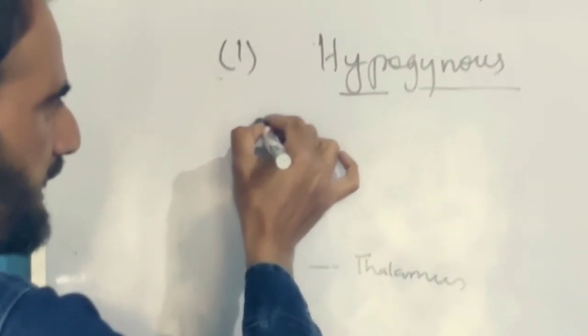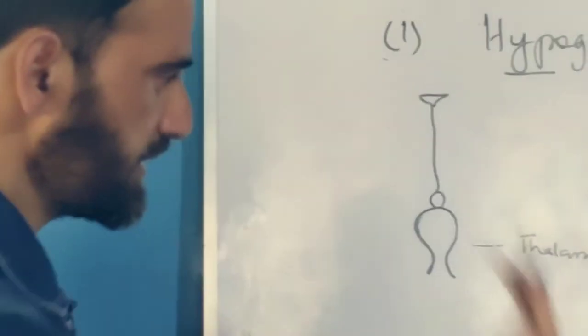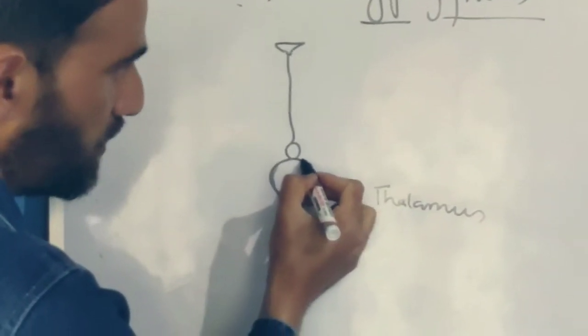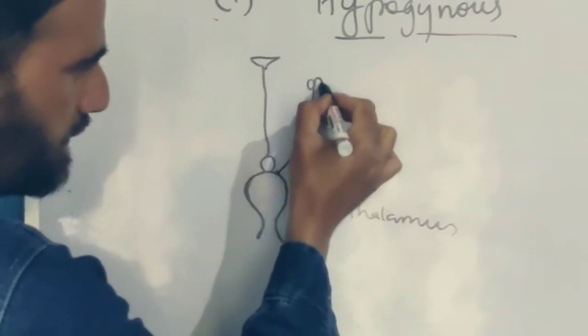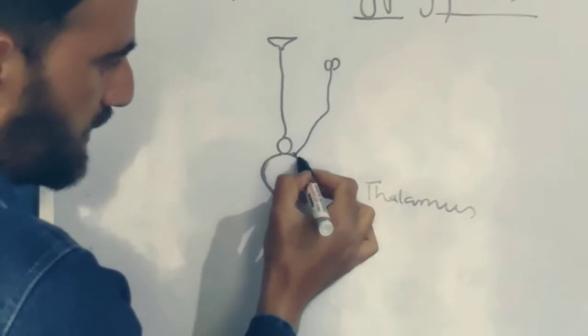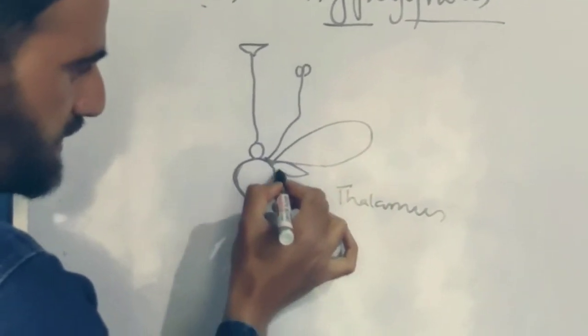This is the filament and stigma, and the other whorls arise below the ovary like this. This is your anther, this is your petal, and this is sepal.